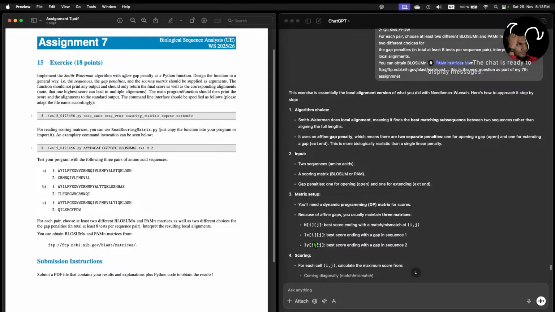Mm-hmm. Yeah, yeah, yeah. So you have to maintain three matrices. Okay, I get that.